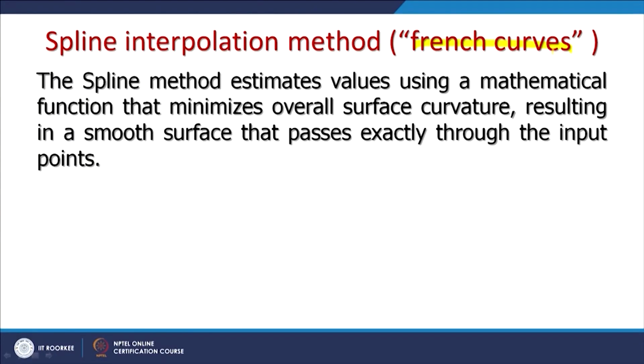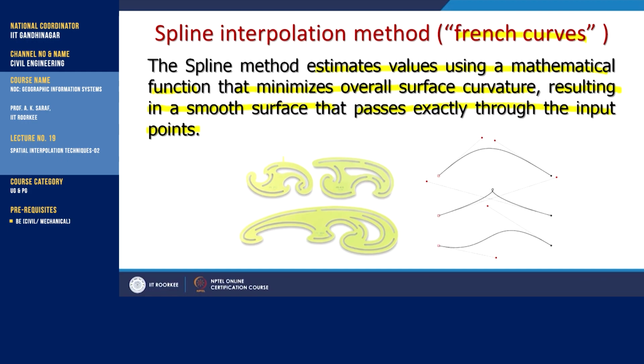So, the spline method estimates the values using a mathematical function that minimizes overall surface curvature, resulting in a smooth surface that passes exactly through the input points. Like here, these are examples of French curves. Earlier, architects or civil engineers, when they did not have the software, used to employ these French curves.